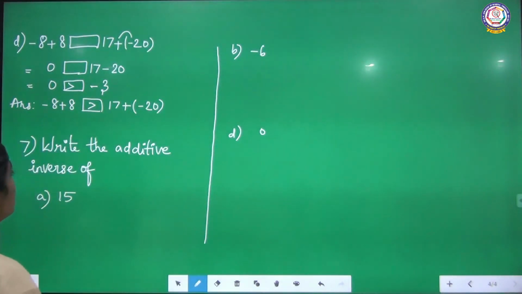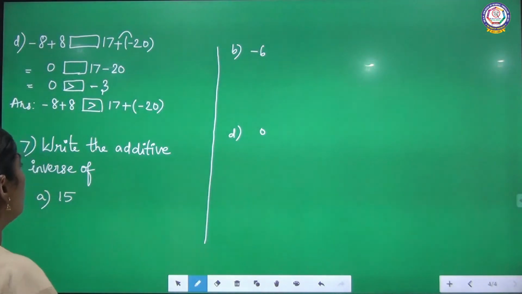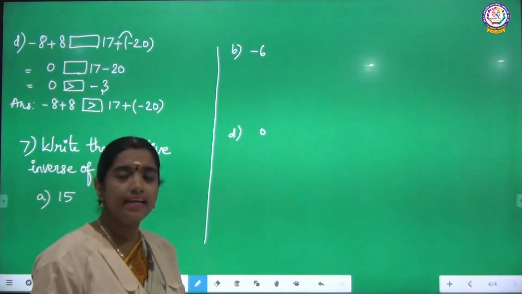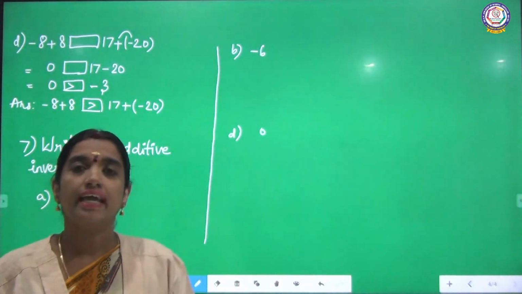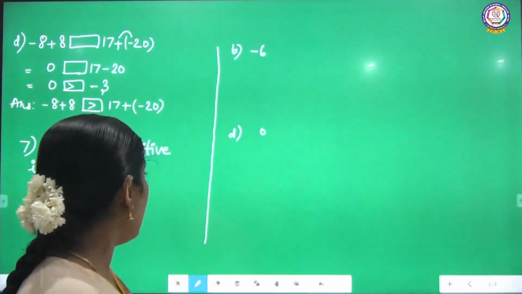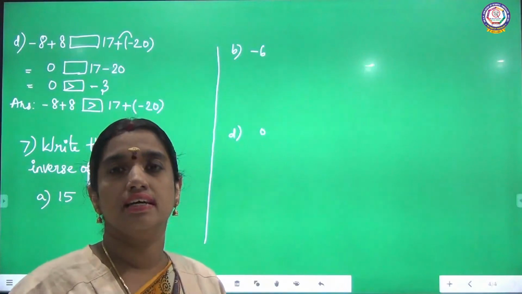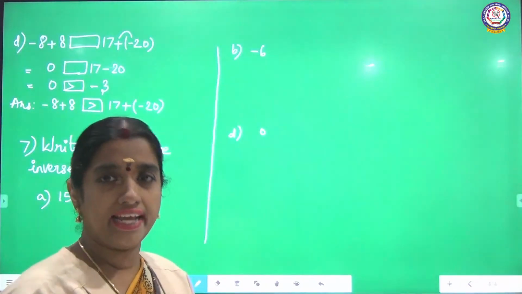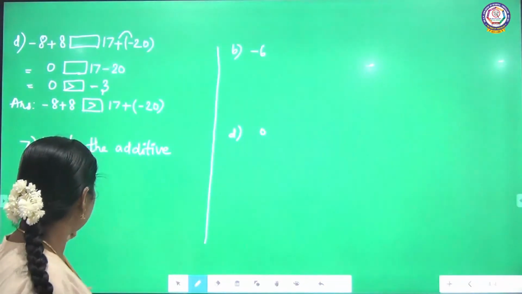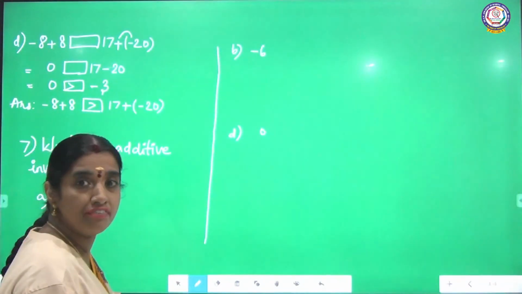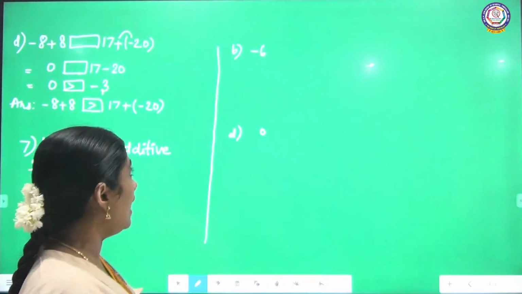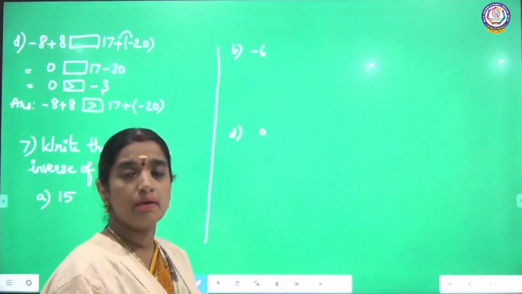Can you clear this? Now write the additive inverse. Additive inverse means if I have a positive integer, I am going to write it as a negative. See, 15 means minus 15, because it is plus 15. So minus 15, and minus 6 means plus 6.